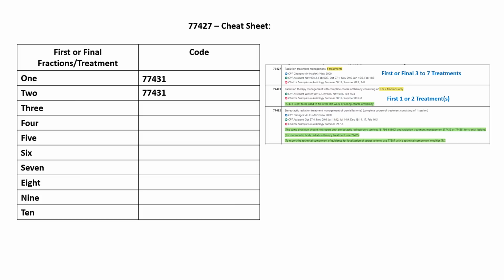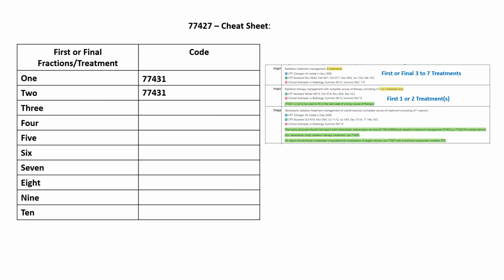You're going to say the same thing, 77431, because you use this code for the first 1 or 2 treatments. Now, what if the patient had 3 treatments? If the patient has 3 treatments, you would code 77427 because this code is used for the first 3 to 7 treatments or the final 3 to 7 treatments.